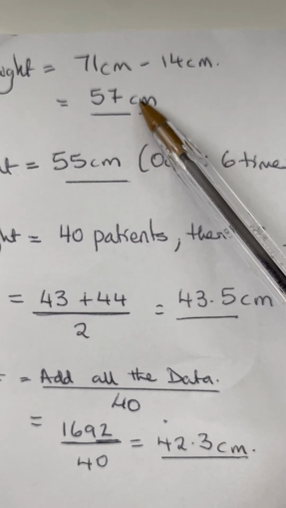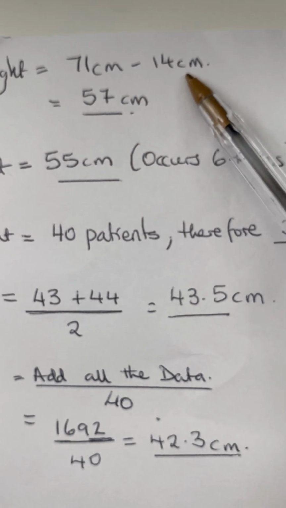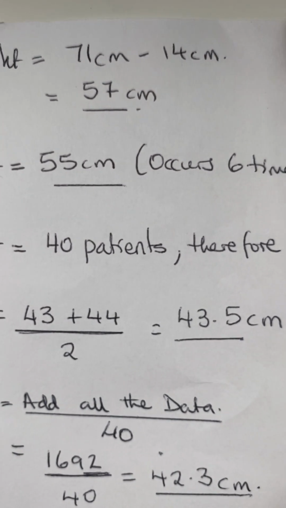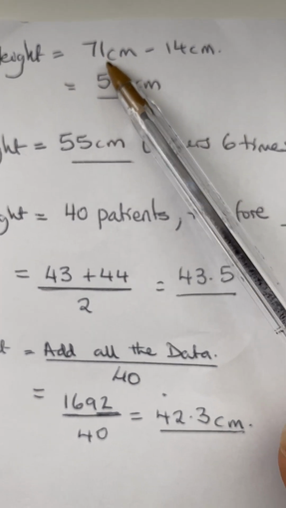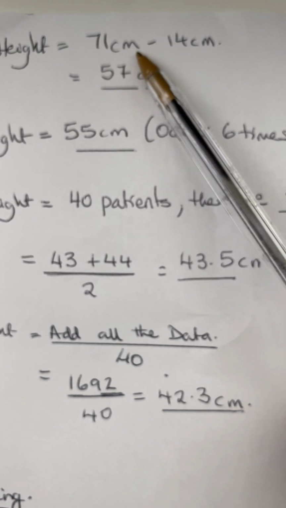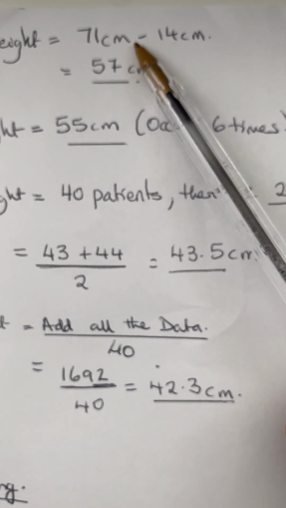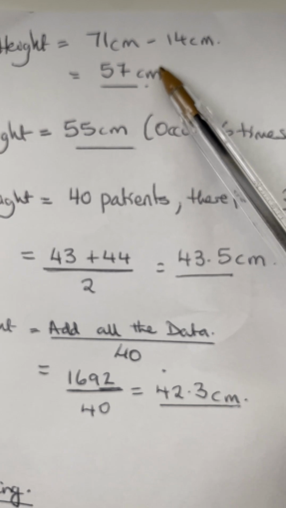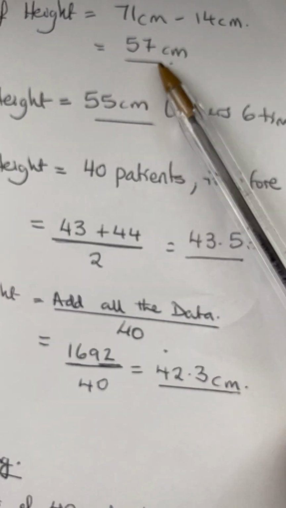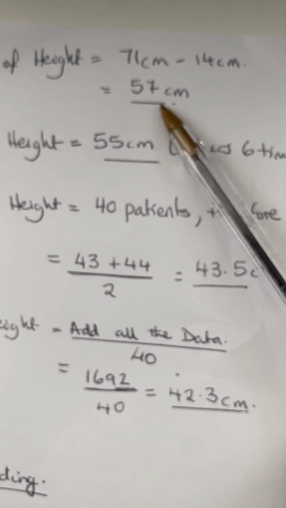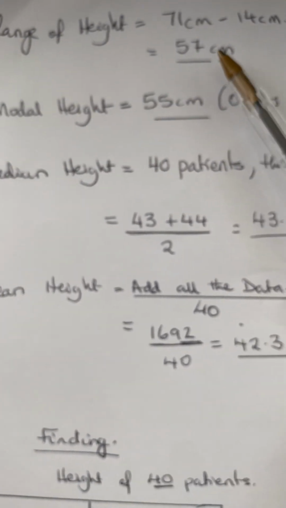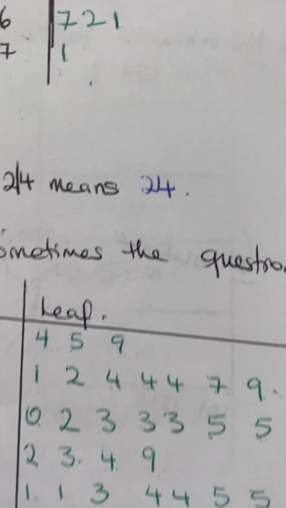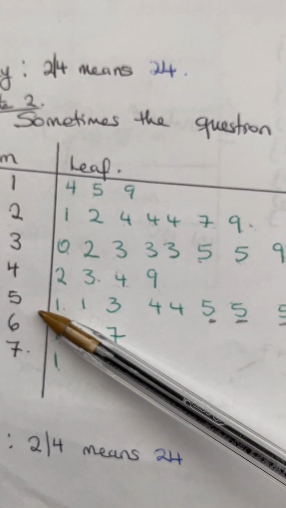So the shortest person was 14, and the tallest person who visited was 71, on that particular day. So now your range is 57. Now the modal height, if you look at the stem and leaf diagram, look at 55.